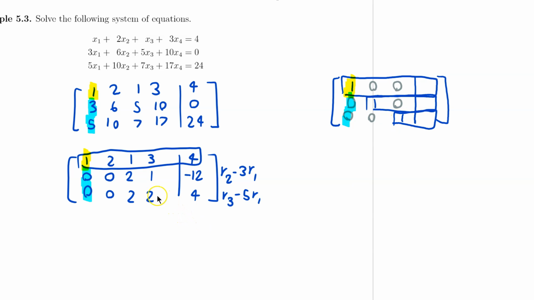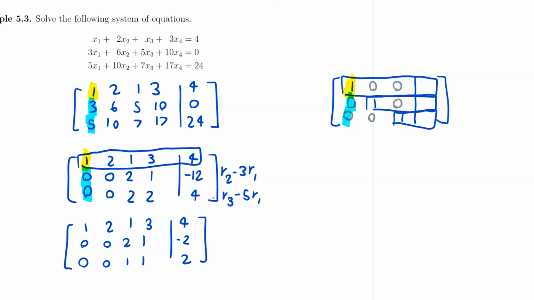So here I need to make another leading one. Notice that I can divide this row by 2, but that would make a fraction here. So let me divide the last row by 2 and then swap the two rows here. If I divide the last row by 2, the other two rows stay the same, and my last row becomes 0, 0, 1, 1, 2.